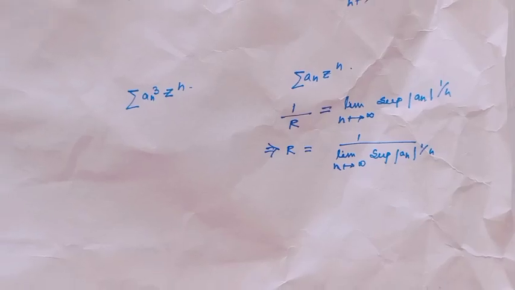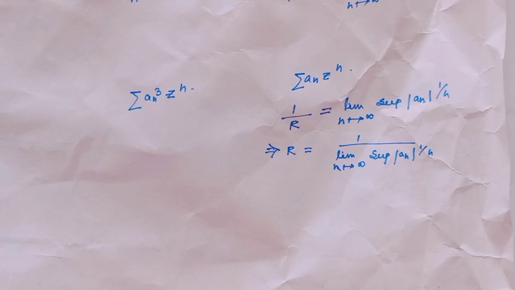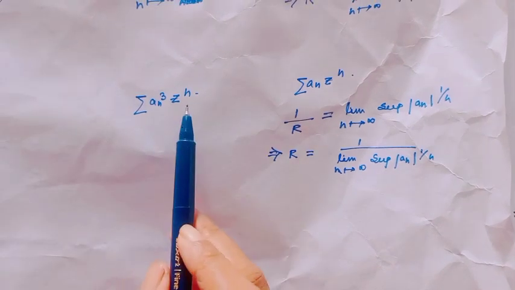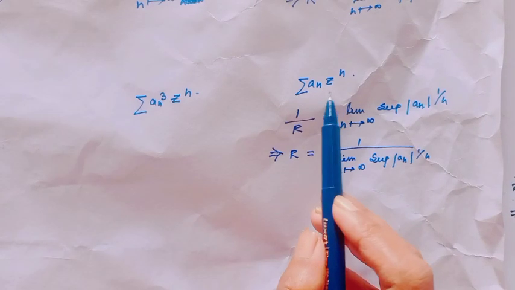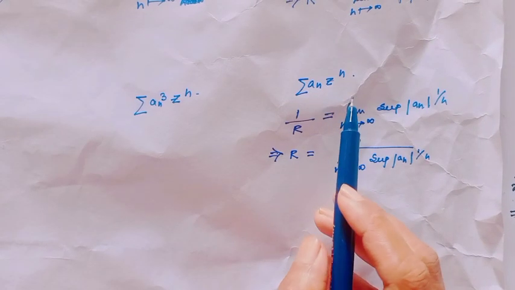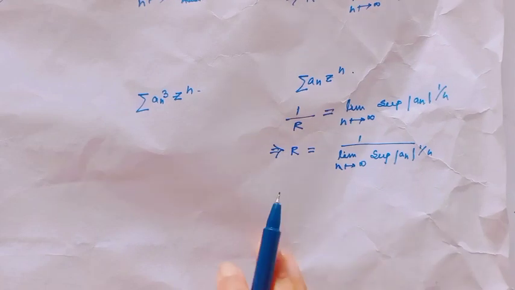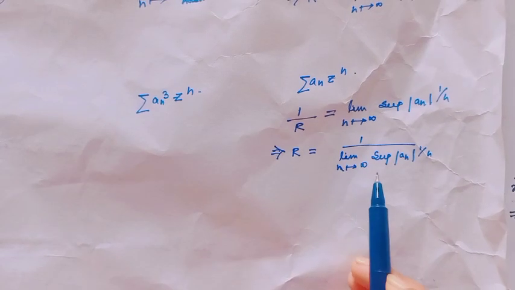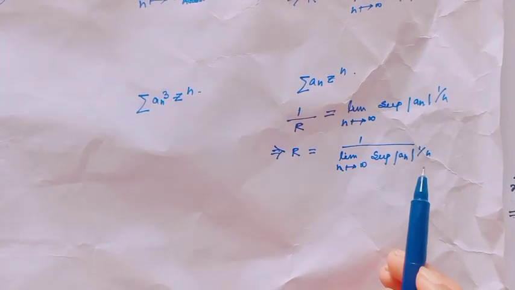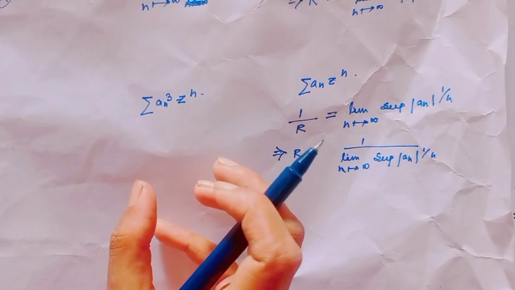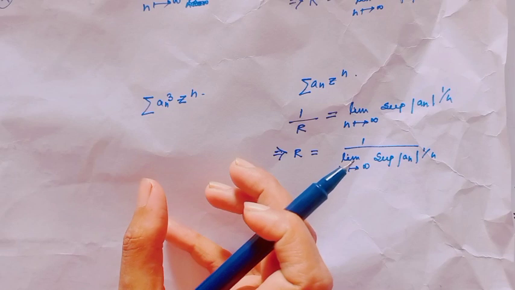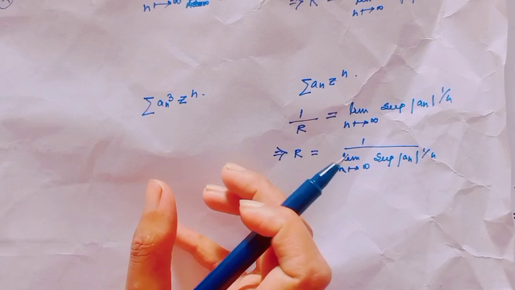Here we have to find the radius of convergence of the power series a n cube z n, where the radius of convergence of the power series a n z n is given as r. That means r equals 1 over limit n tends to infinity supremum absolute value of a n to the power 1 over n. Here also I will use the Cauchy Hadamard test.